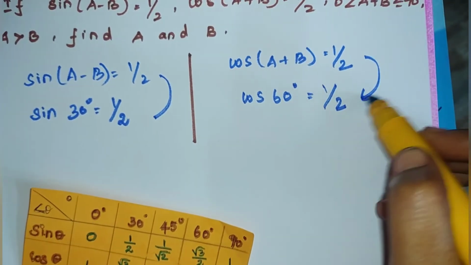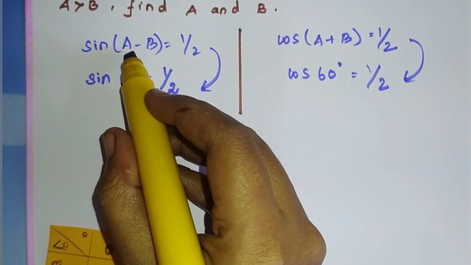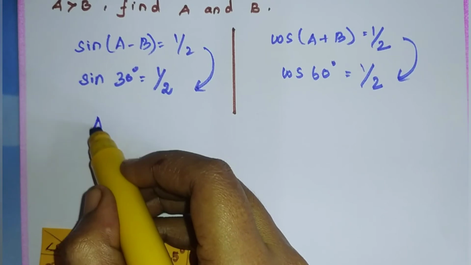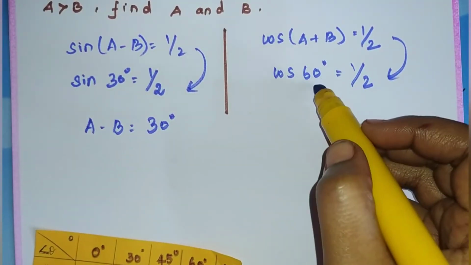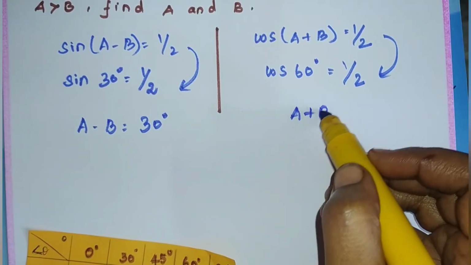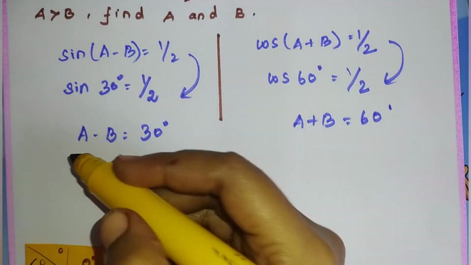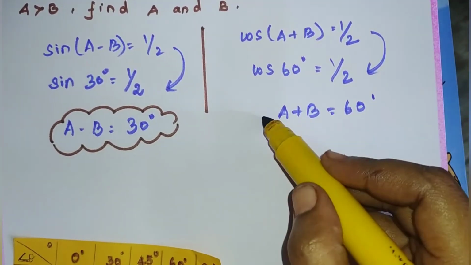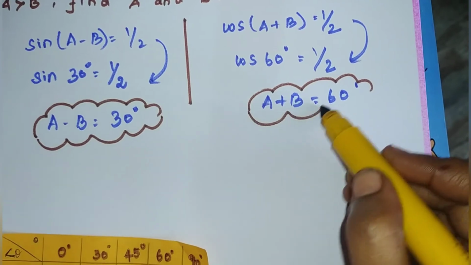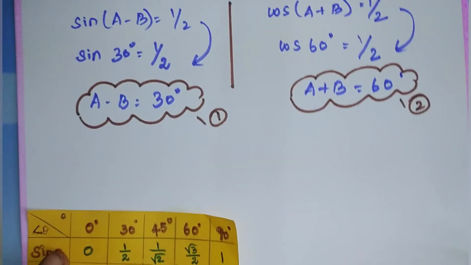Compare these two lines. Then what we will get? A minus B is equal to 30 degree and here A plus B is equal to 60 degree. Mark this equation as 1 and this equation as 2.